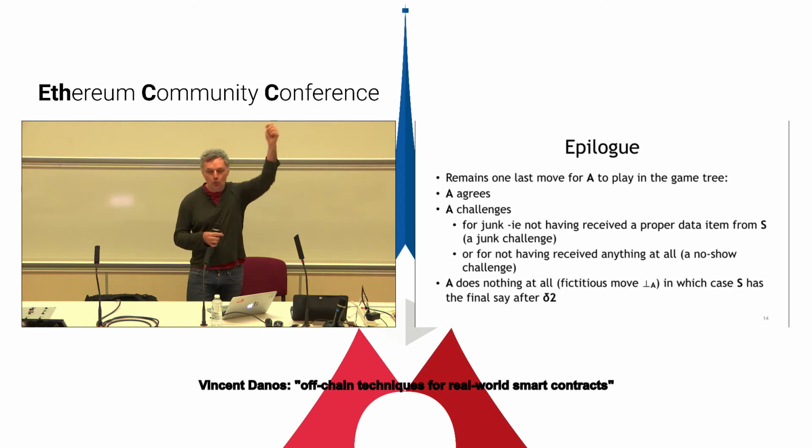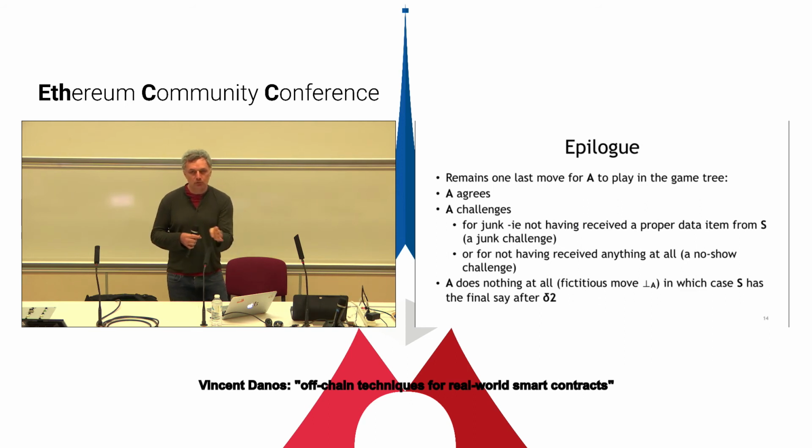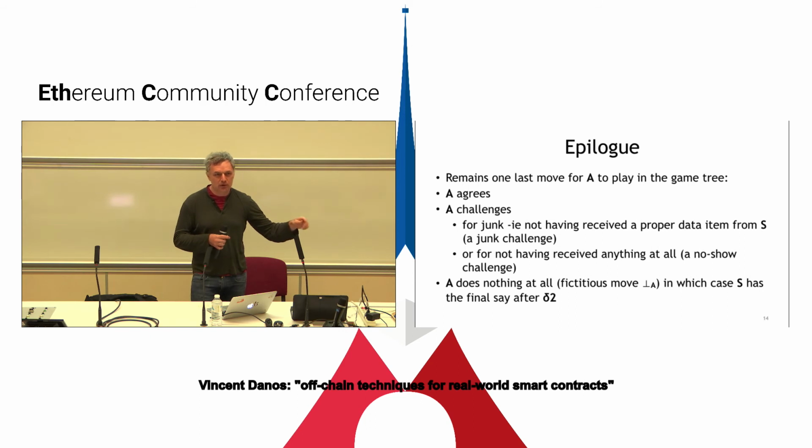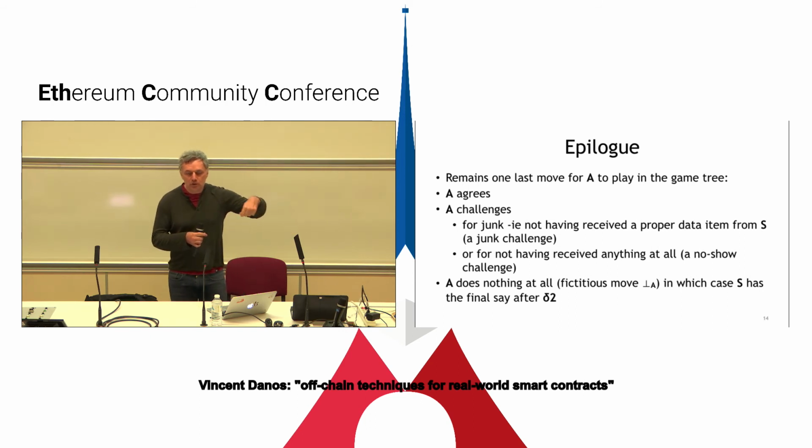It remains just one move for Alice to play in the game tree, and so it breaks down in 4 possible cases. Either A agrees, everything is fine. So concretely, it means that she now sees the key on the chain. She has a piece of data that was sent to her, so she can decrypt, test the validity according to the predicate, convince herself that everything is fine, and then post on the chain, okay, it's 1 bit of information, I'm fine.